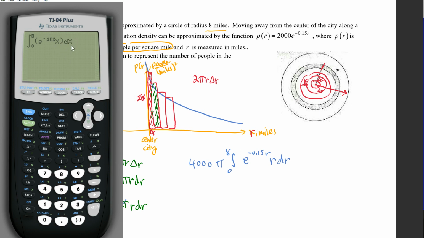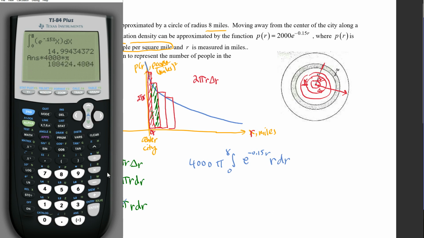I know I'm using x's instead of r's, but my calculator doesn't know that. Shh, don't tell it. And so this is going to be the integral. Don't forget to multiply by 4,000 and multiply by pi.